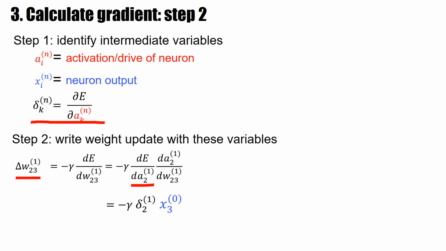And this term we have to calculate. The activity of a neuron K in layer 1 depends on the input. I take the derivative with respect to the weight 2, 3. So out of this sum over L, only one term remains, and that's the term L equals 3.